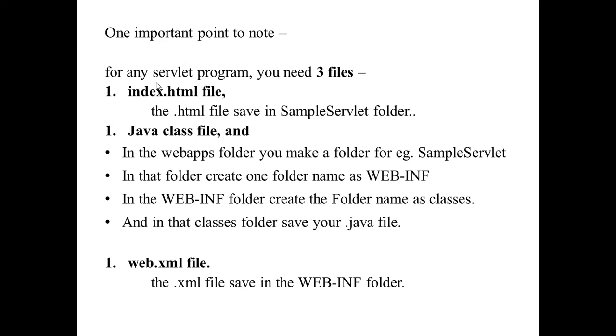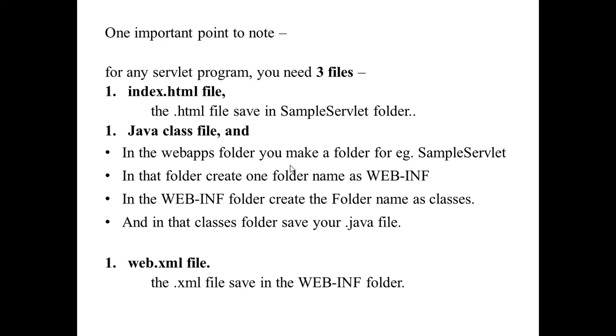Here my program name is sample servlet. For the Java file, in the webapps folder you make a folder, for example sample servlet, and in that folder create a folder named WEB-INF, and in the WEB-INF folder create a folder named classes, and in that classes folder you save your Java file. This is the directory structure.